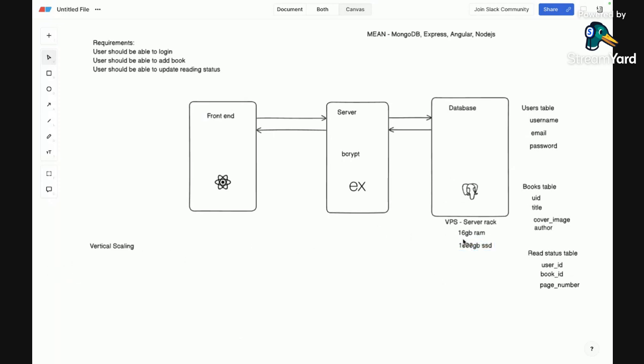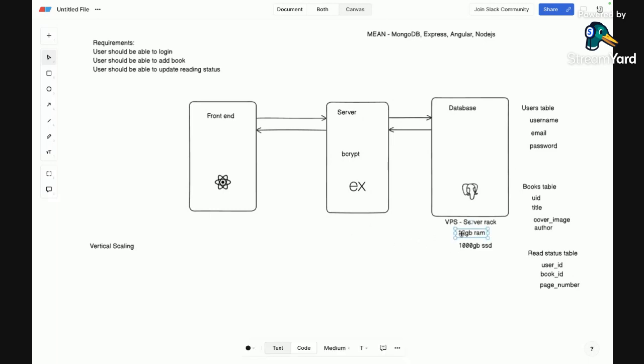The problem with vertical scaling is, first of all, it's expensive, you are changing your hardware. You have to buy new hardware every time. Beyond a point it's not possible, right? So that's a limitation of vertical scaling.